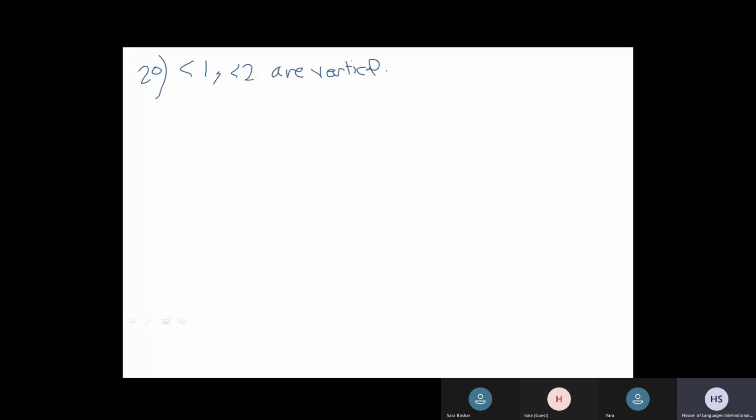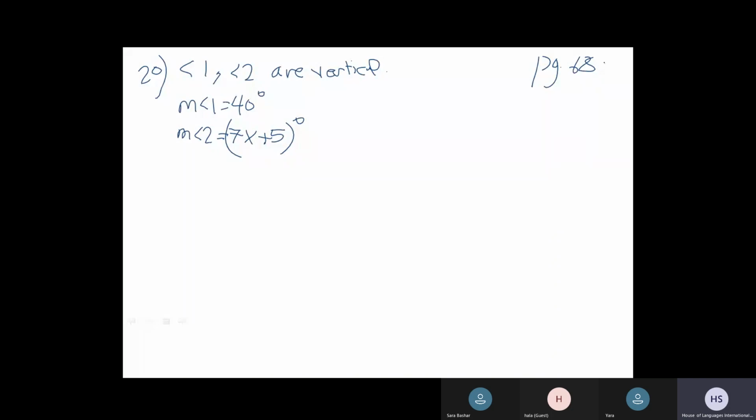If the measure of angle 1 is 40 degrees and the measure of angle 2 is 7x plus 5 degrees, they ask you to find the value of x. Why are they equal? They are vertical.